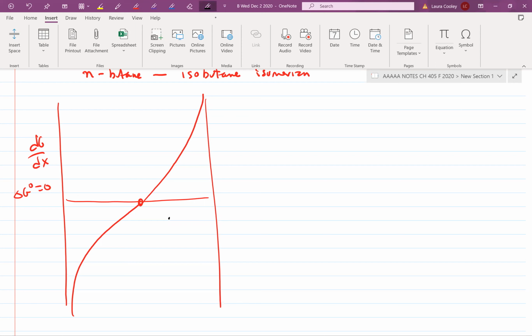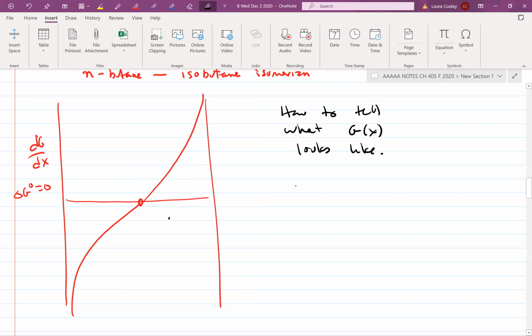So how can I tell what G looks like? Well, it'd be nice to know what the slope is. I can sort of do that from the slope.